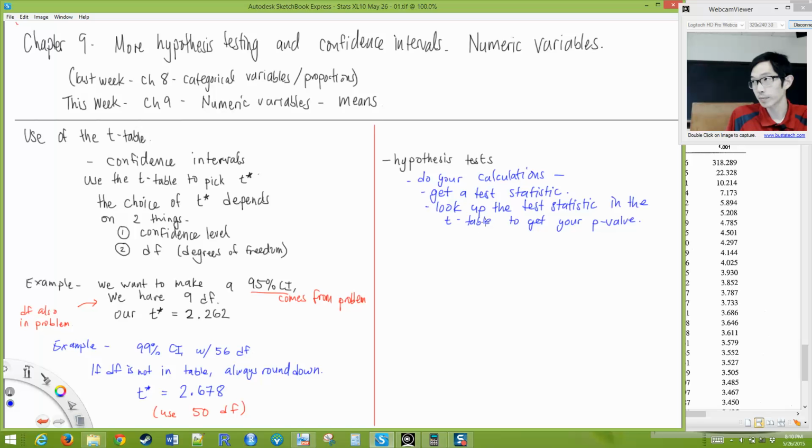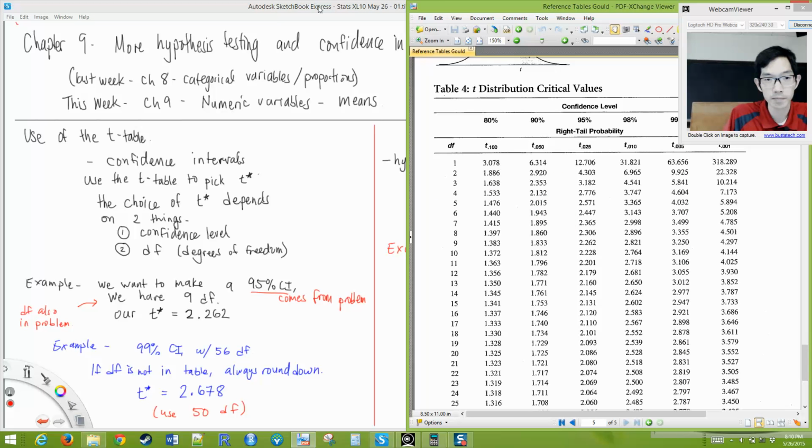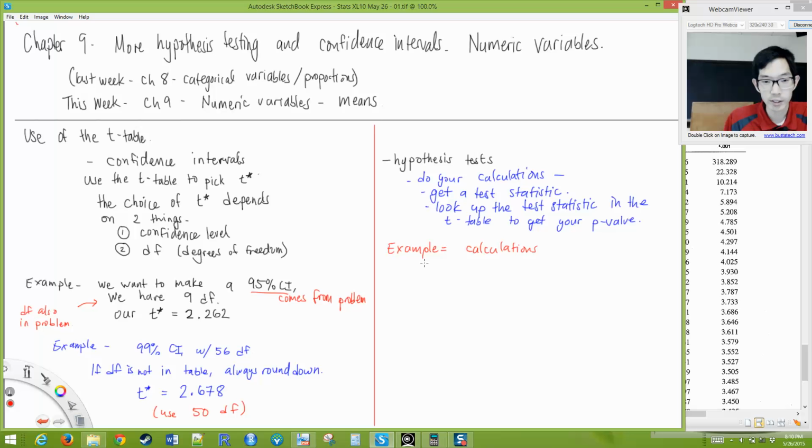So anyway, you've done your calculations, you get a test statistic, you're going to look that up in the t-table. Let's say, as an example, your calculations lead you to 10 degrees of freedom, and your test statistic is equal to 2.81.